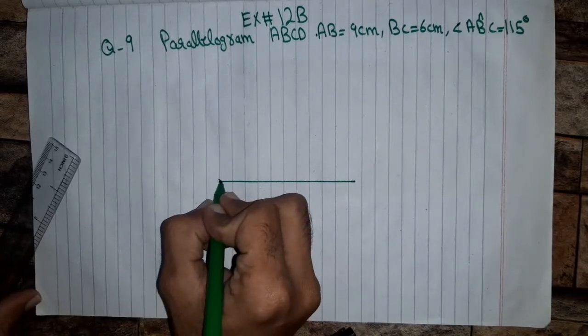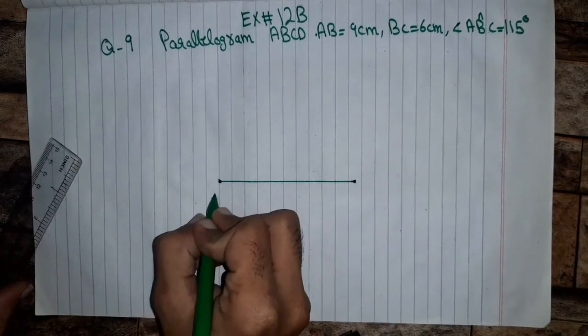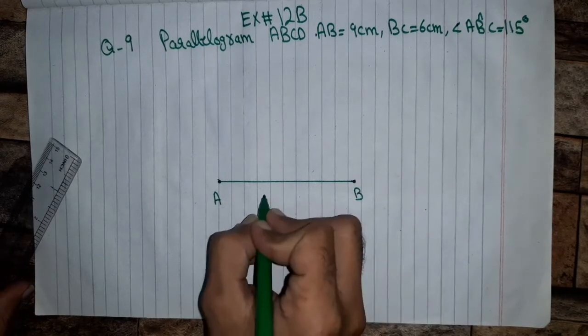So this is line AB, which is equal to 9 centimeter.